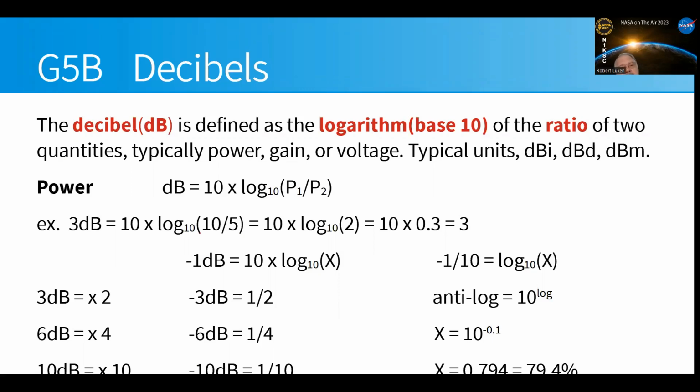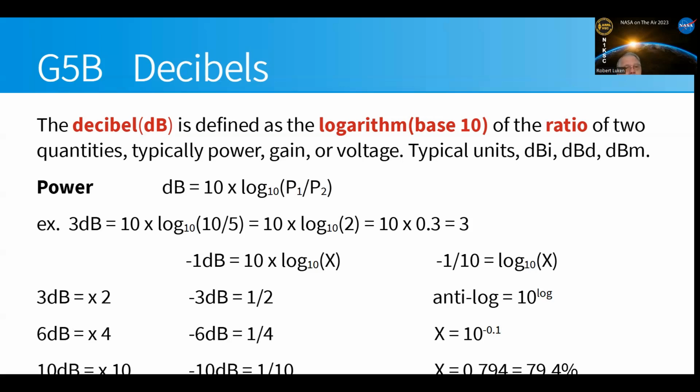We normally use decibels to represent power gain, voltage gain, typically in units of dBi, which is decibel relative to the isotropic radiator, or a dBd, which is decibel relative to a dipole. That's what we use when we talk about antenna gains. In power, usually it's a dBm or a dB relative to a milliwatt.